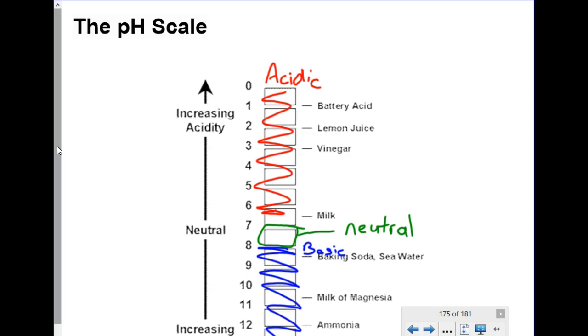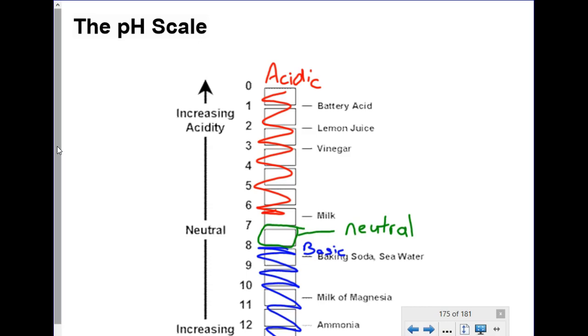If you use vinegar in a salad dressing, or if you put it on fish and chips, for example, that is acidic. It's not as acidic as battery acid, which is a good thing. You wouldn't want to be consuming food and damaging your esophagus at the same time.